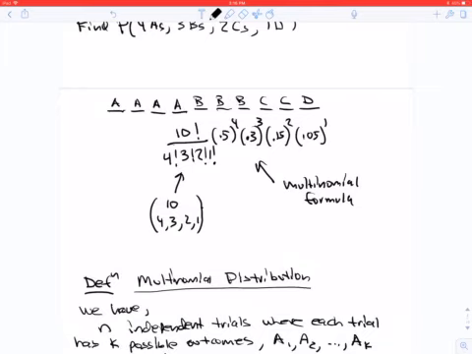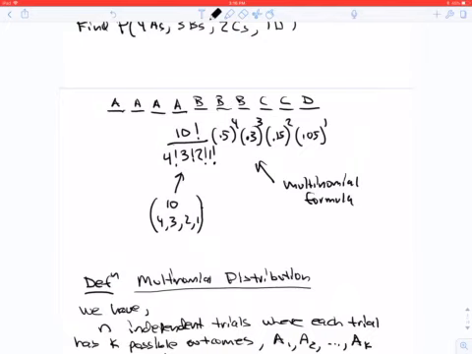Now, there's no assumption that A's have to come first and so on. So we're going to multiply this by 10 factorial, but then we need to divide by 4 factorial, 3 factorial, 2 factorial, 1 factorial to deal with the 4 A's, 3 B's, 2 C's, and a D.